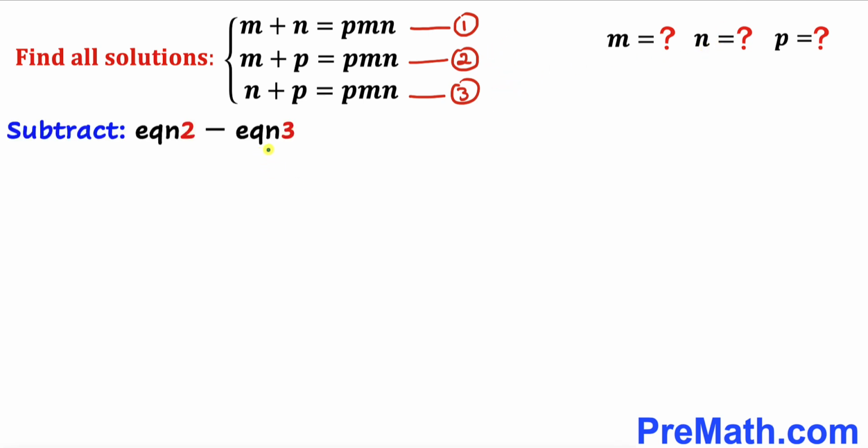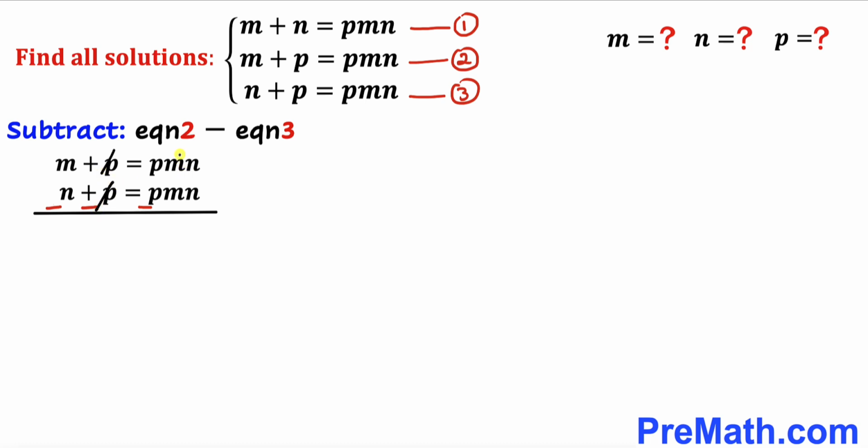So we are going to subtract equation 3 from equation 2. And here are our equations 2 and 3. Now let's go ahead and subtract. Let me change these signs. Positive becomes negative, positive becomes negative, and on the right hand side this positive becomes negative as well. And now we can see that this p and this negative p are gone.